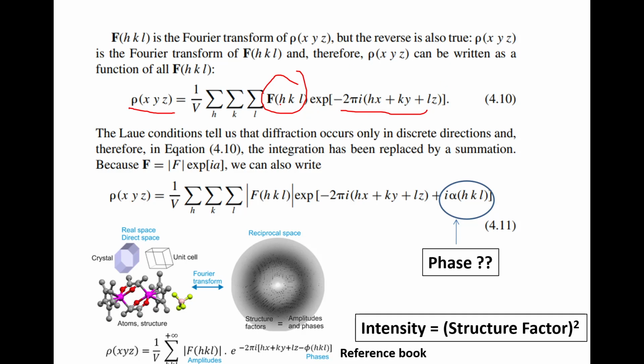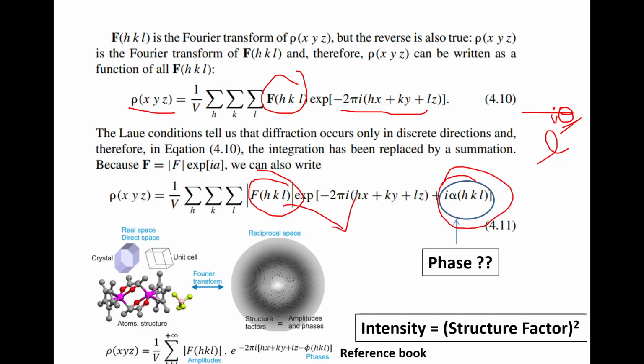Now if you solve this, if F(hkl) is a vector and you take the magnitude, you will find again e to the power i theta, Euler's formula, cos theta plus i sin theta equals e to the power i theta. So this theta is your phase, and this is your amplitude.